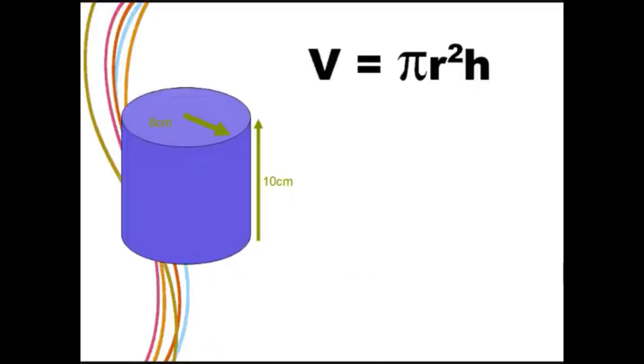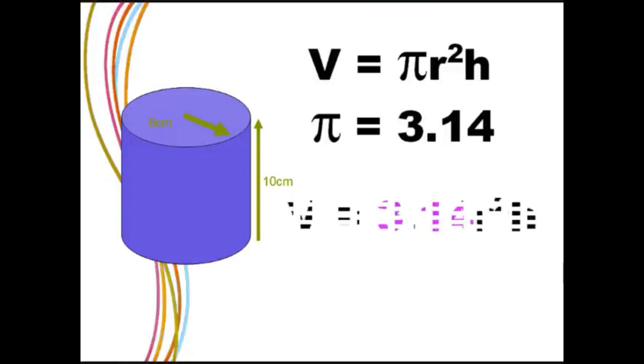To actually calculate the volume using the formula, you will need to substitute the missing values in the formula. We can start with pi, which for this example we will use rounded to 2 decimal places, 3.14. The new formula now reads V equals 3.14 times the radius squared times the height.